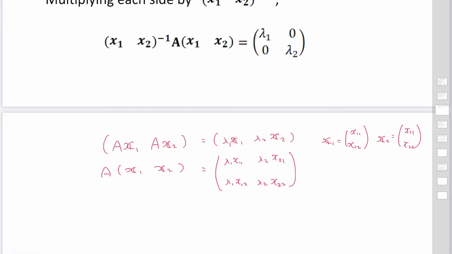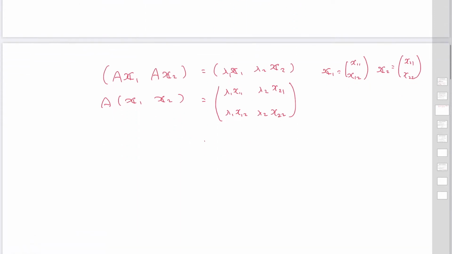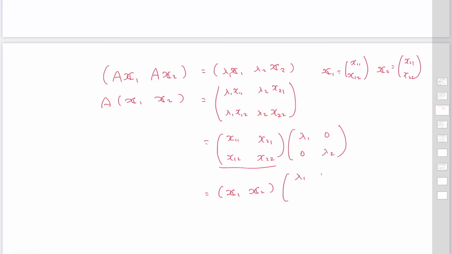Then this is expressed as the product of two matrices: the matrix of x 1 1, x 1 2, x 2 1, x 2 2, and the diagonal matrix with lambda sub 1, 0, 0, lambda sub 2.